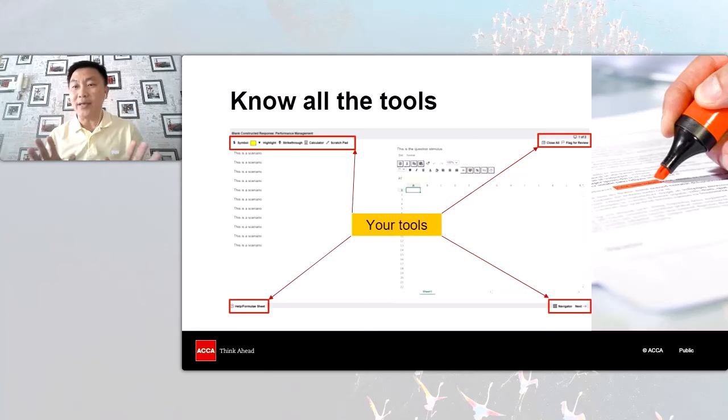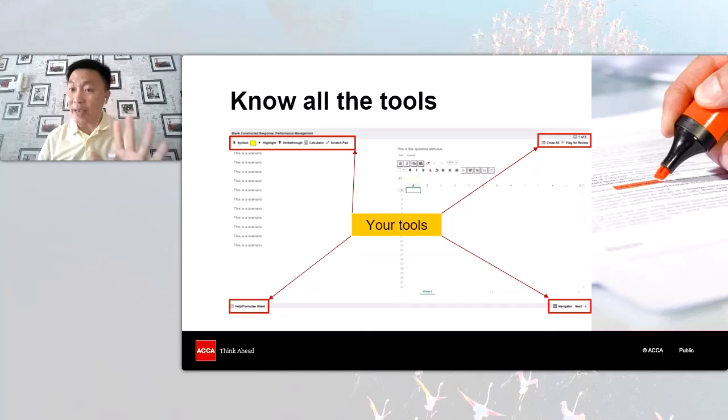I'm not here to tell you what you must do with all the options in these 4 corners, because different students or different tutors would give you different advice on how to make use of these tools. As long as you are comfortable with the way you use the tools, stick to that way and get yourself familiarized with your habit.